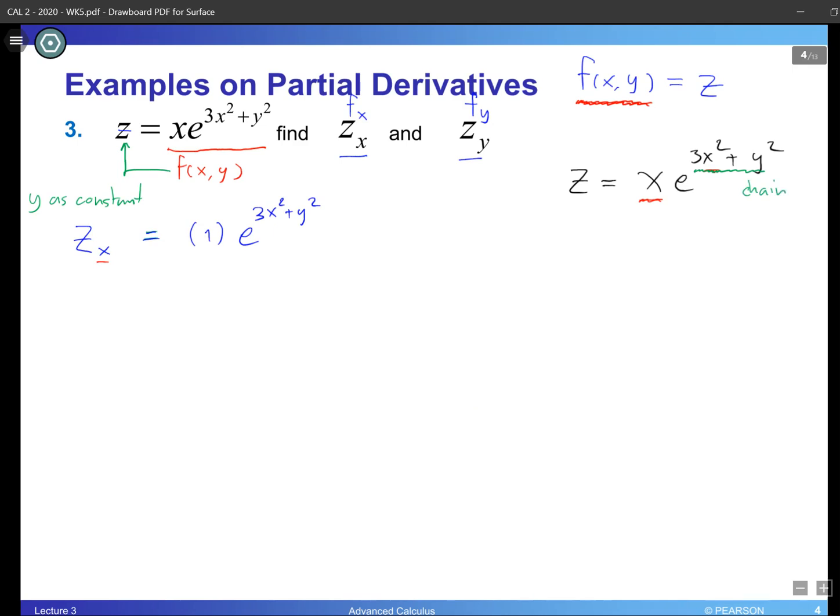You differentiate exponential and then you differentiate the power. So here I'm going to differentiate the power with respect to x, so I get 6x out of that first term. And then I am supposed to differentiate y squared with respect to x, but y is treated as constant, so I am going to get a 0 out of that. Okay, so here's what we got for the z_x, z with respect to x.